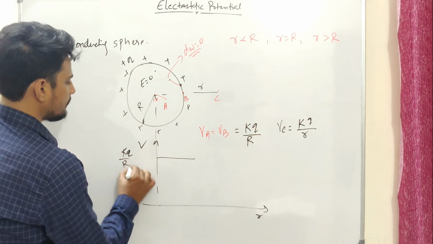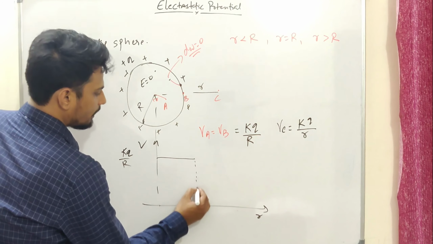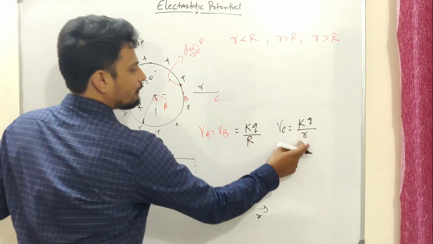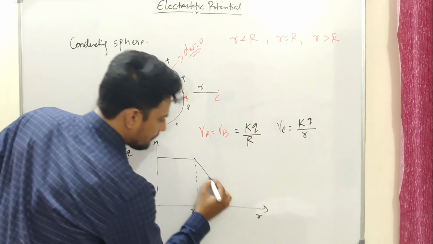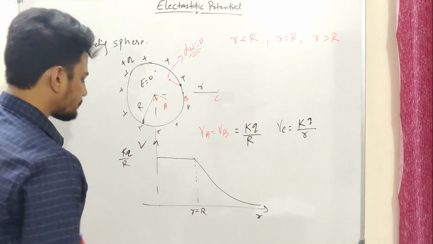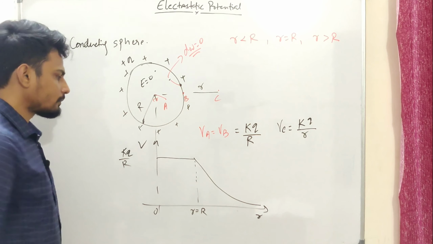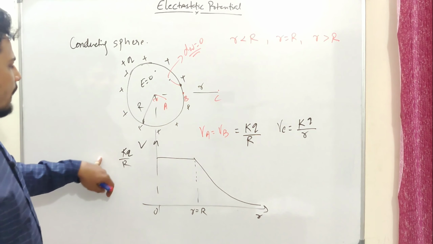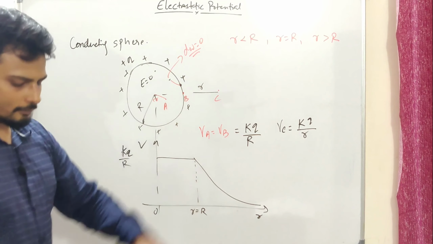Kq by R. From the moment r becomes equal to R, it will start decreasing inversely with r. So this is going to be something like this. Let's say this is 0. So the potential from the center to the surface will remain the same. After this, it's going to be decreasing.